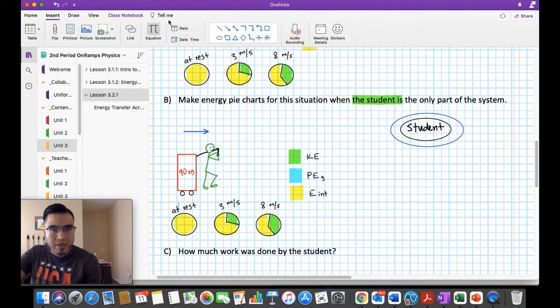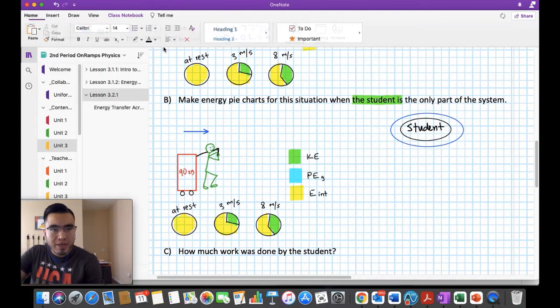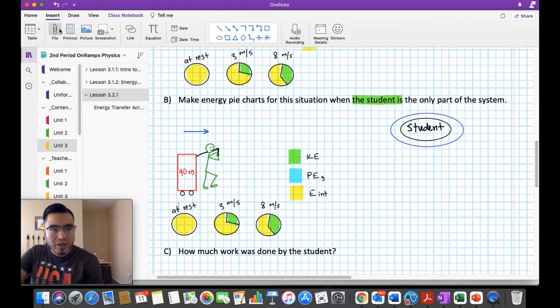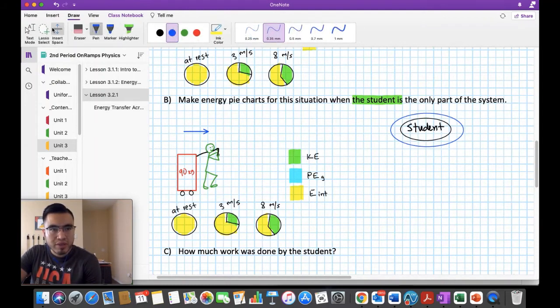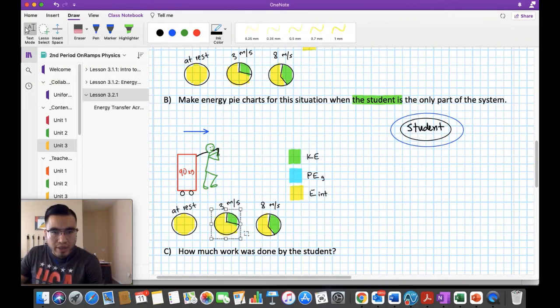So then I need to make my pie chart a little bit smaller because the student is using his energy to pull, or to move the block, right?